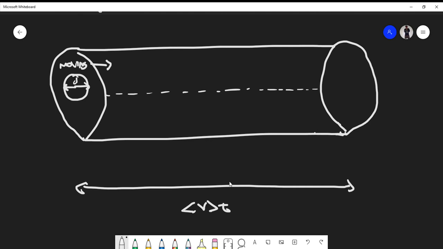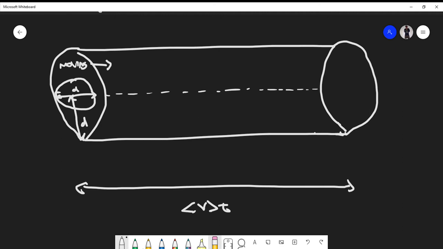Let me actually draw the particle more centered, so excuse me. So if this is the particle, there's a center. Here's a diameter d. From the center of the particle, going all the way to the bottom, is also another distance d. And this is the particle that's moving.